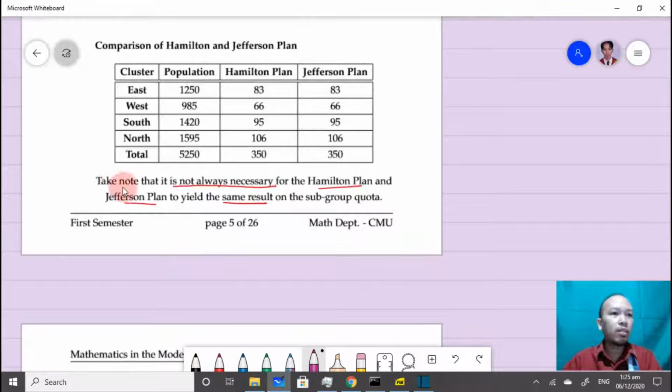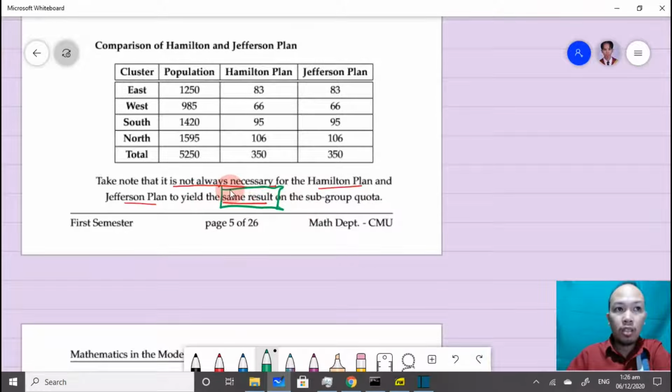It says here that it is not always necessary for the Hamilton plan and the Jefferson plan to yield the same result. So please be careful here. Let me make a box there: it is not always the case that the result will be the same for the Hamilton and the Jefferson plan.